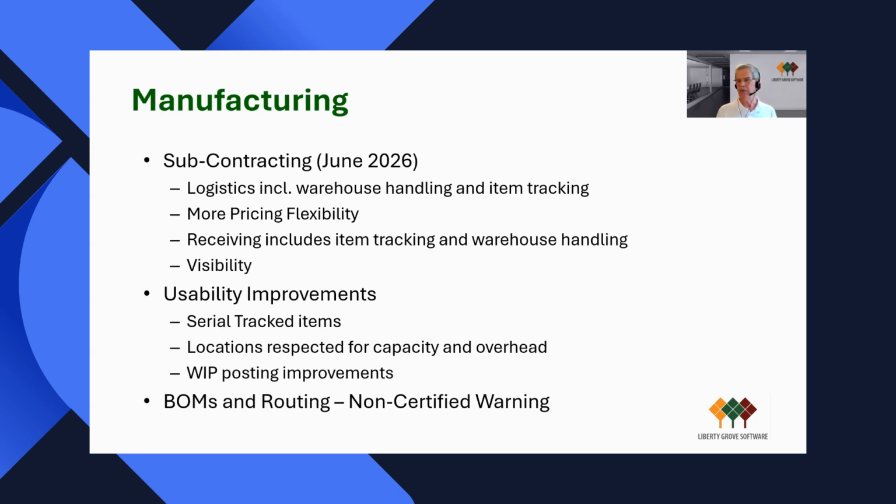That doesn't work so well when you're producing the same part in two different parts of the country, or you've got something in New York City and you get something down in Georgia, and in Georgia it's 8 cents a part, in New York City it's 13 cents a part. Now you've got more flexibility to set pricing either by vendors and locations, so you've got a lot more control there. It just enriches that whole experience.